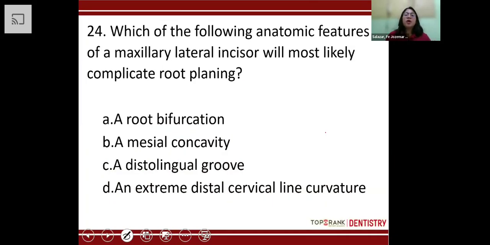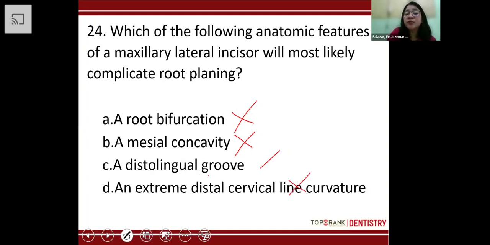Number 24, which of the following anatomic features of a maxillary lateral incisor will most likely complicate root planing? Let's see. Bifurcated root, no. Mesial concavity, none. Distolingual groove, okay. An extreme distal cervical line curvature. CEJ curvature?